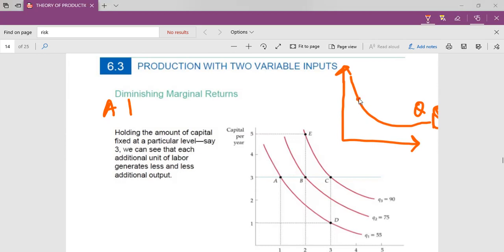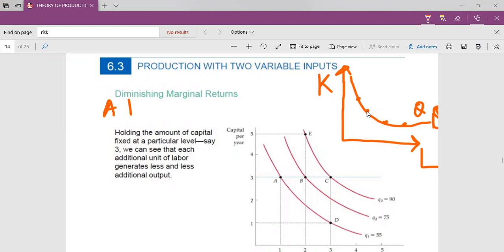We have different points along this isoquant that show combinations of two inputs, in this case capital and labor, or two factor inputs in the production process, that can be attained.